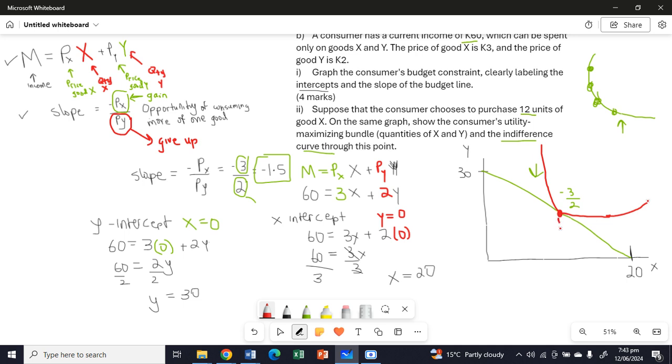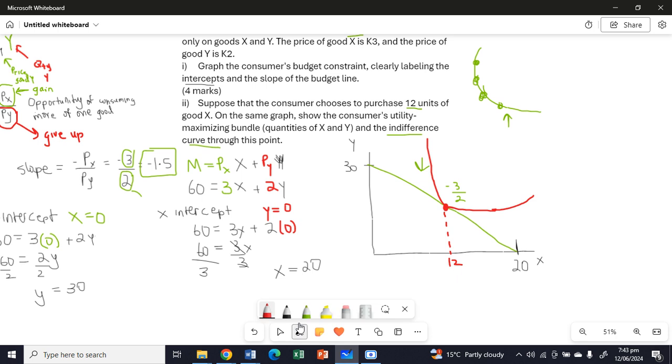So we've already been given 12 units of good X, but we need to know how many units of good Y. The way we get that is we're just going to substitute 12 for X in this equation and solve for Y. So our budget constraint equation is 60 equals 3 times 12, substituting X with 12, plus 2Y. 3 times 12 is 36.